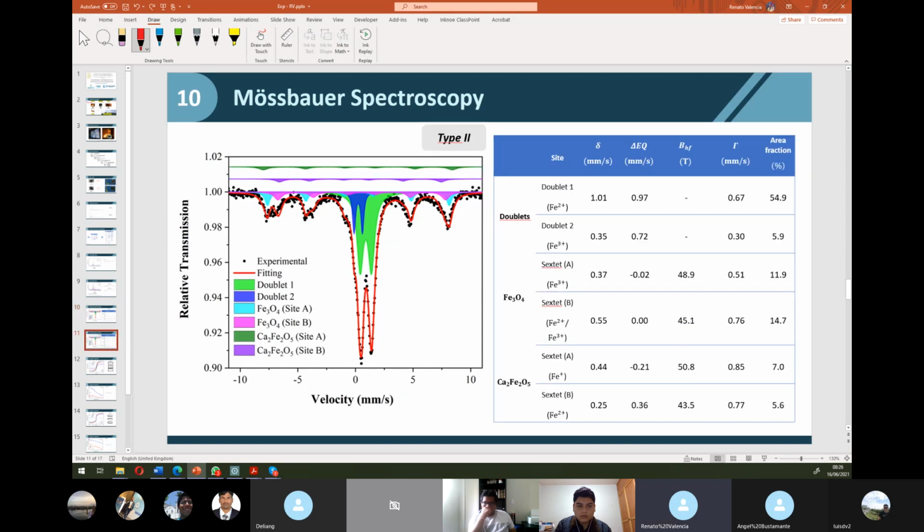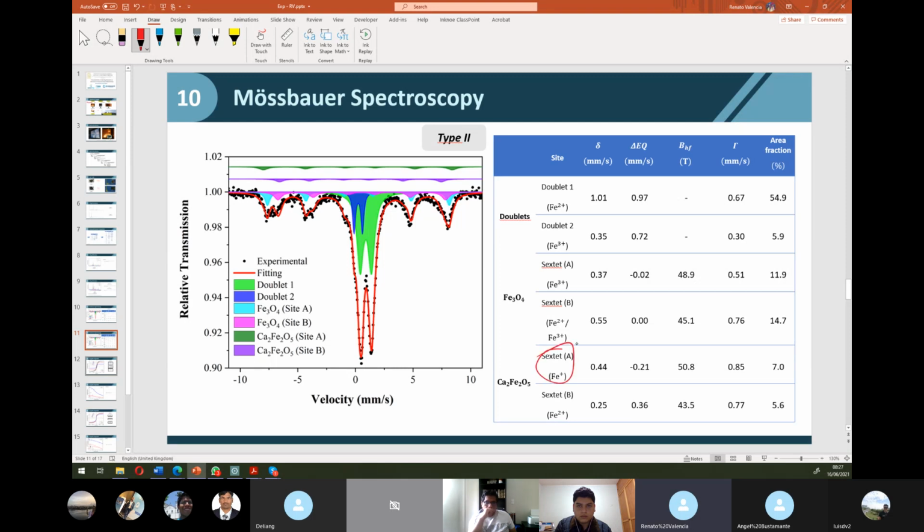In the type 2 sample, we have the same two doublets, iron 2 plus and iron 2 plus, and the two sextets of magnetite, and this compound that also appeared in X-ray diffraction appears in this technique.